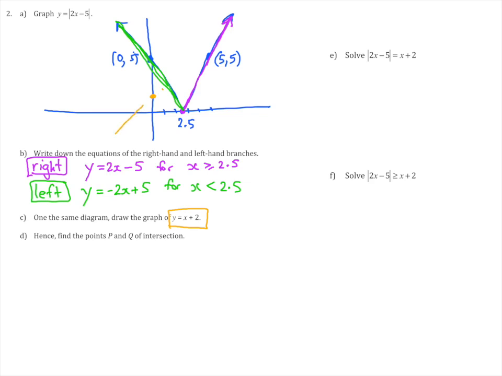It's not really drawn to scale. And there's my y equals x plus 2. So there's 2, there's 2, 3, going like 1, 3, and so on.